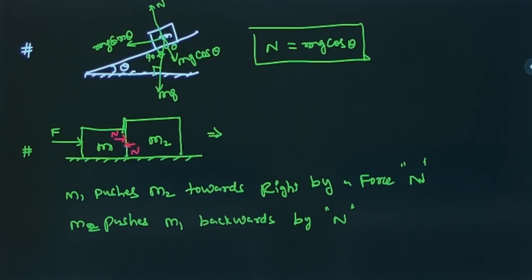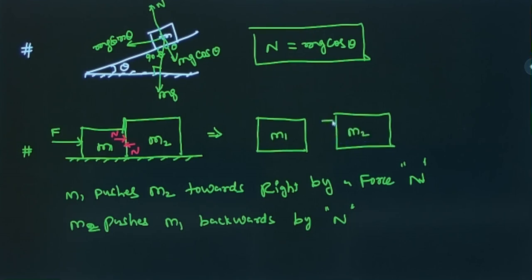So clearly I can draw the first block and second block, M1 and M2, as individual free body diagrams. M1 acts normal on this with force N. Similarly M2 also acts on this with N only.